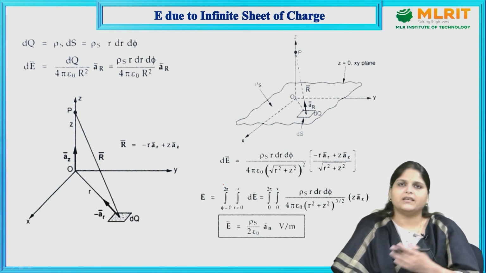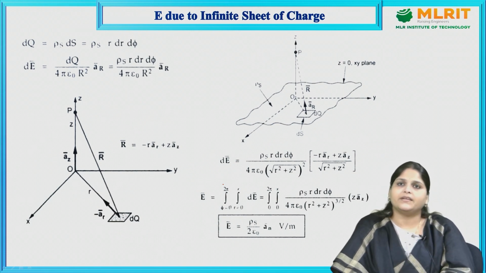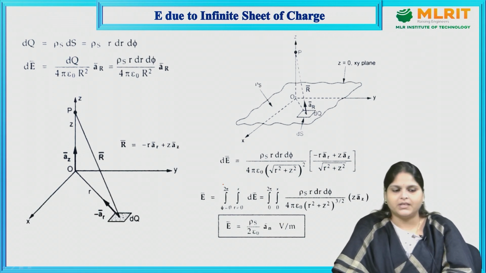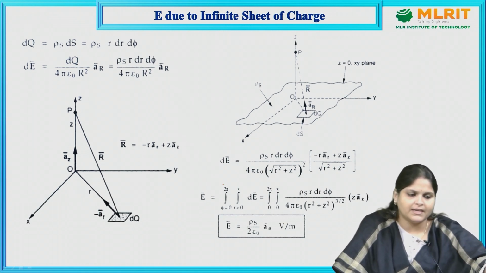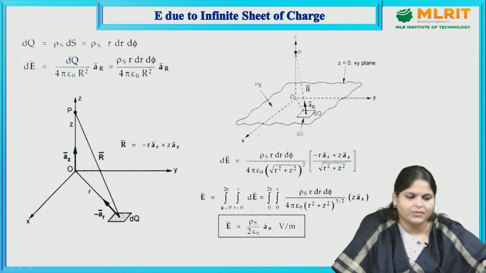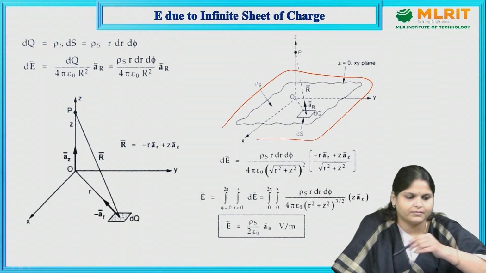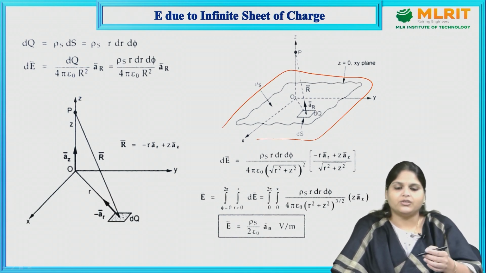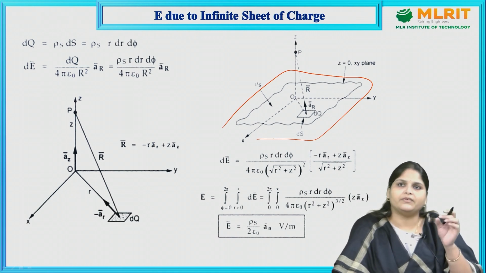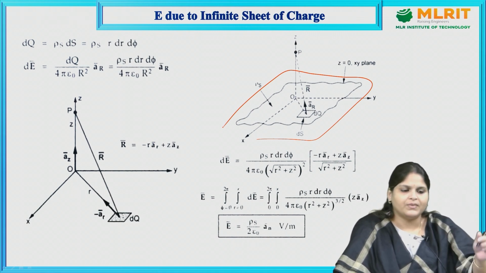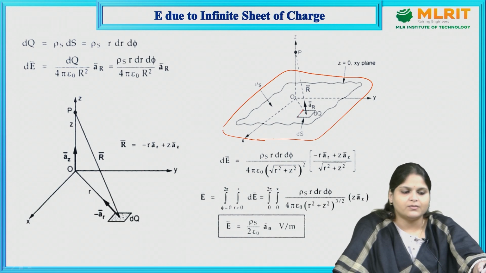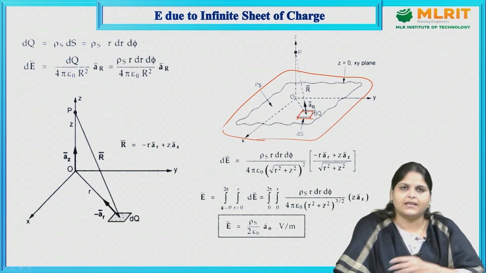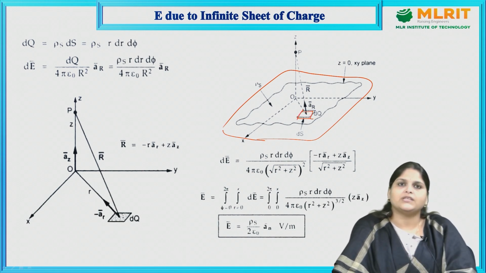Next, in place of line charge, we can consider a sheet of charge also. So now we will find out the field due to a sheet of charge. If you see in this diagram, the sheet is in the xy plane. Same as in the previous derivation, where we considered a small element of differential length on the z-axis, here we have to consider a small surface area on this sheet.